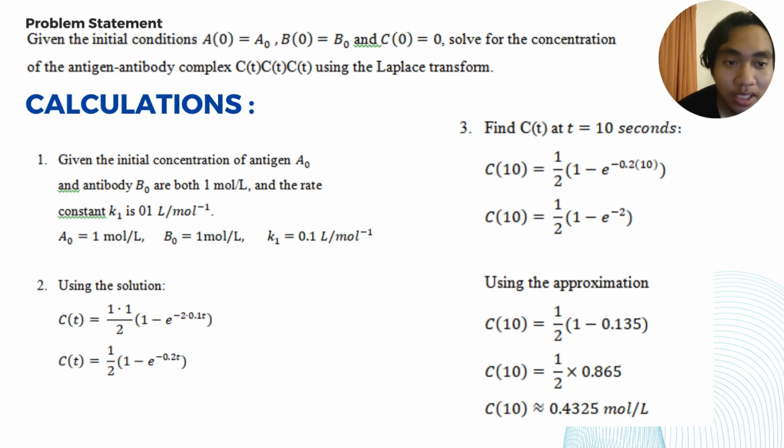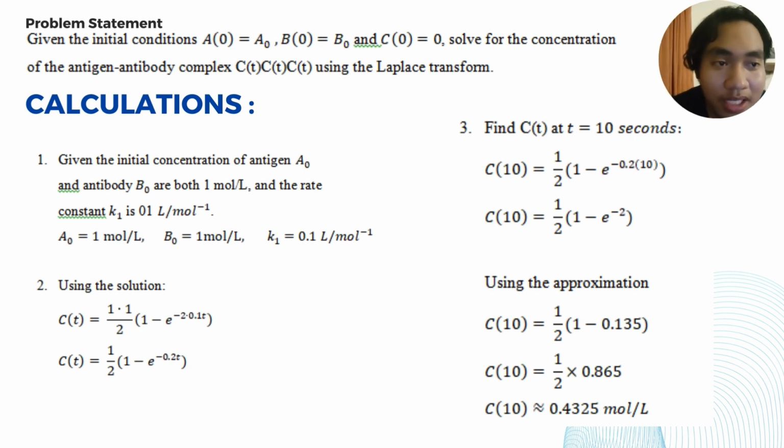Using the solution, C(t) equals 1 over 2 times (1 minus e^(-2(0.1)t)), so 0.1 t, sorry. And then C(t) equals 1 over 2 times (1 minus e^(-0.2t)).